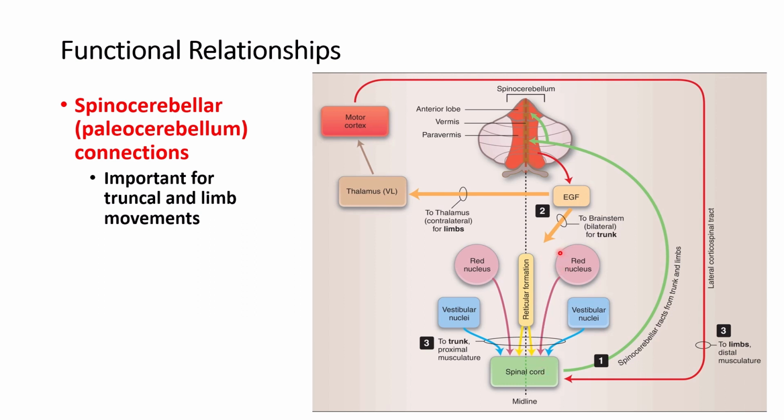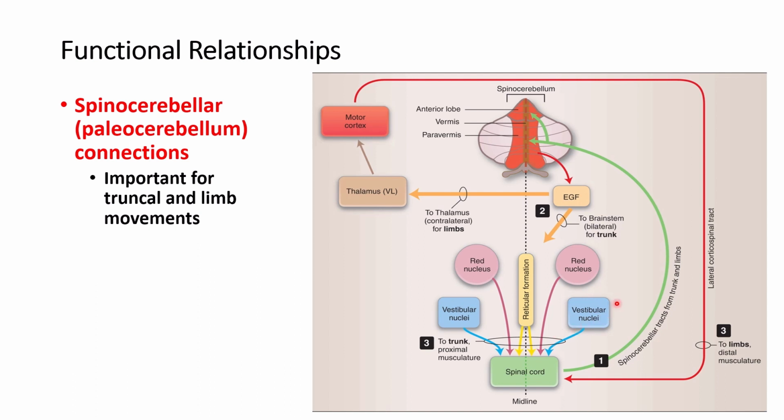The other one is going to the reticular formation, so this is the reticulospinal tract, and information is also sent to the vestibular nuclei, so this is the vestibulospinal tract. All these three tracts together make the medial pathway, if you remember it.